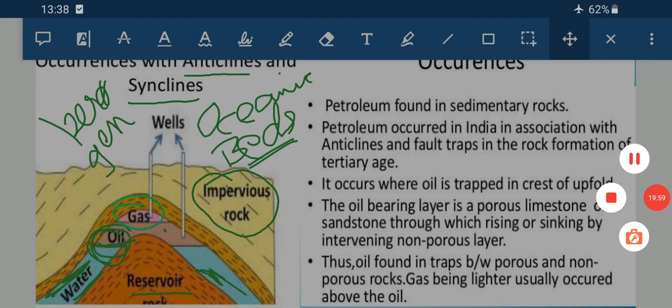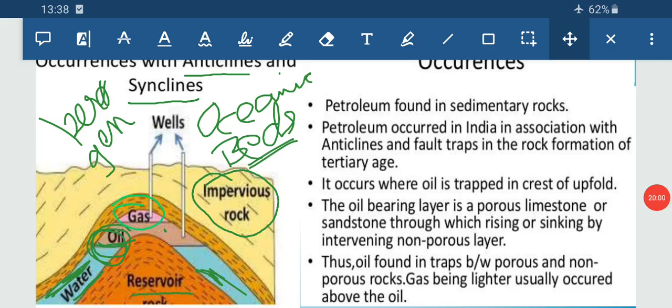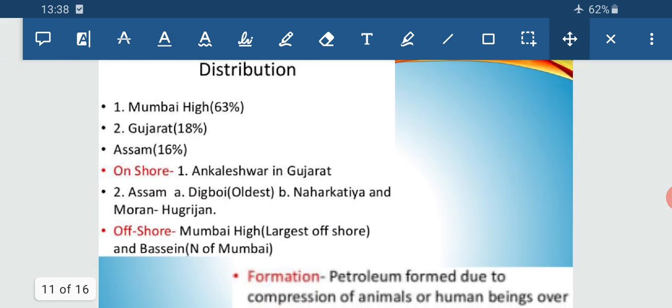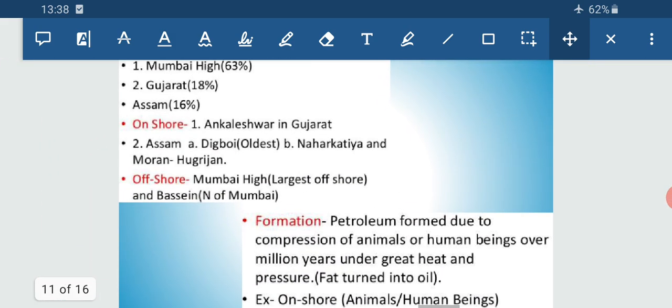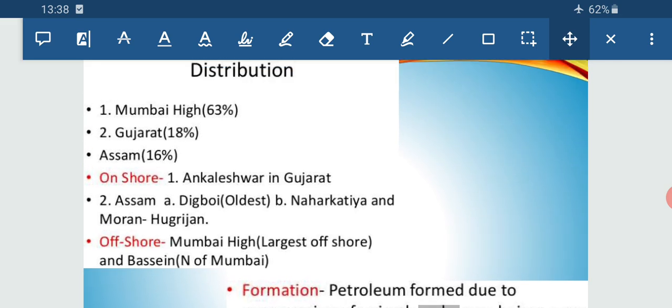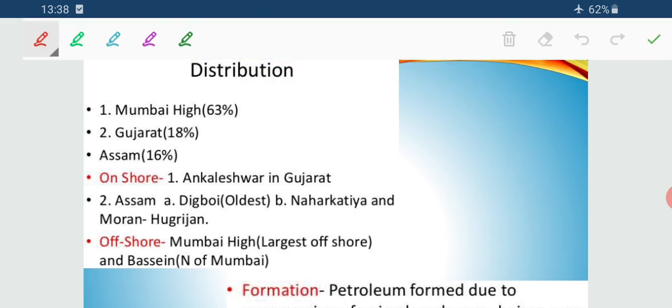Let us move to the distribution of petroleum. For the distribution of petroleum, we have Mumbai High, which is over the Arabian Sea, Gujarat, and Assam. Onshore and offshore, we have two types of petroleum belts. Shore means coast.